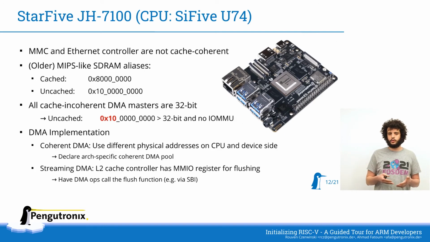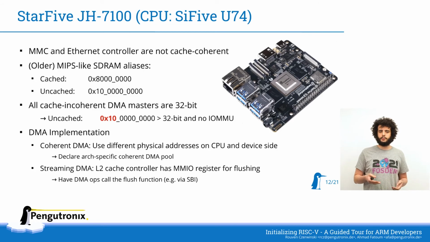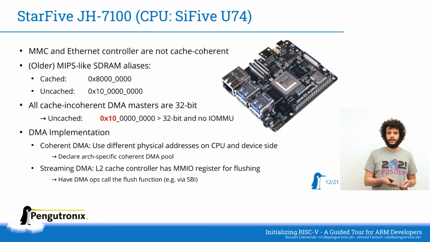Barebox imports them, so as long as your drivers don't do stuff like taking the void pointer and casting it to an unsigned long and passing it to the hardware, you are fine. Just use the CPU pointer for CPU operations and the device pointer for device operations. And for streaming DMA, the L2 cache controller had a register just for flushing, so you could just use that.